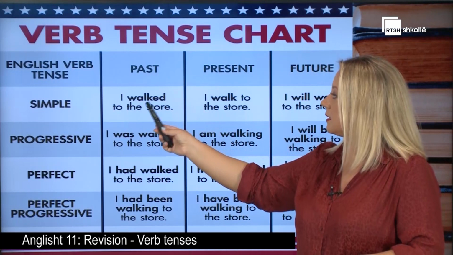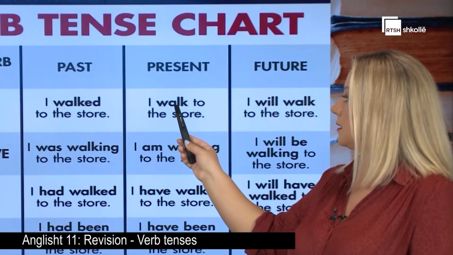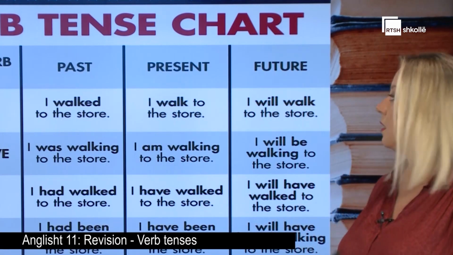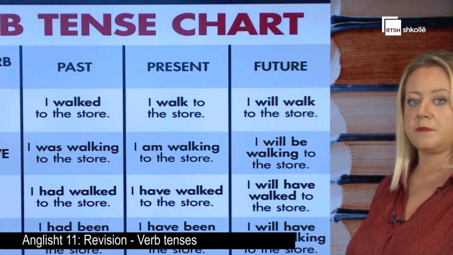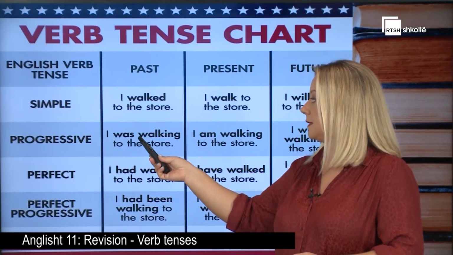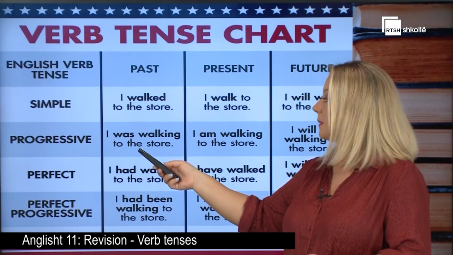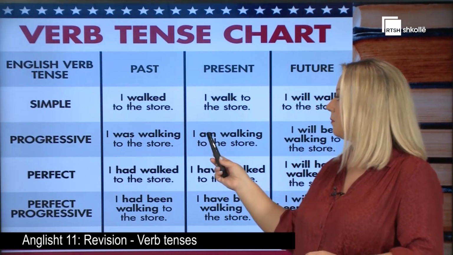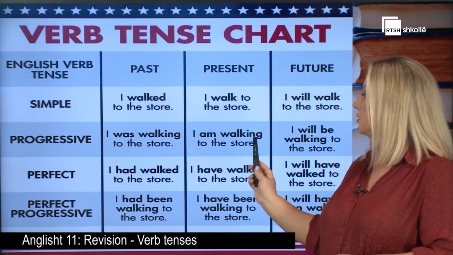The simple past takes ed. The present takes just the base form, and the future takes the auxiliary will in this case. The progressive tenses are formed with the verb to be, respectively in the past, in the present and in the future, plus the verb in ing form.